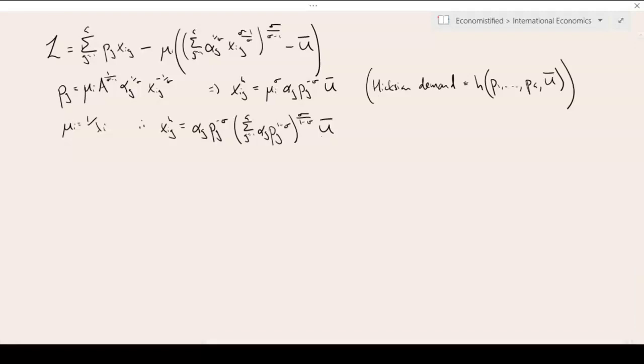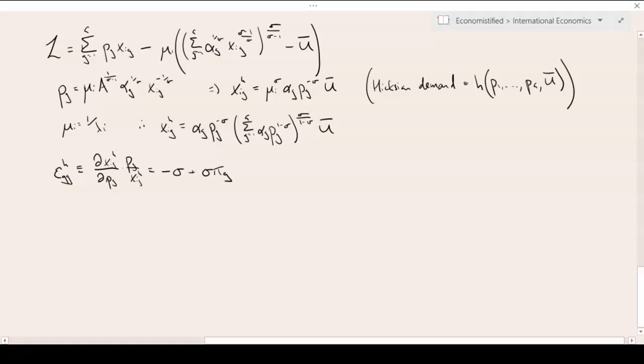I'm not going to derive this for you, but I will just tell you that the own price Hicksian elasticity of demand, which is just defined as the percentage change in Hicksian demand with respect to the percentage change in price, is just equal to minus sigma plus sigma pi_g, where again pi_g is the budget share.